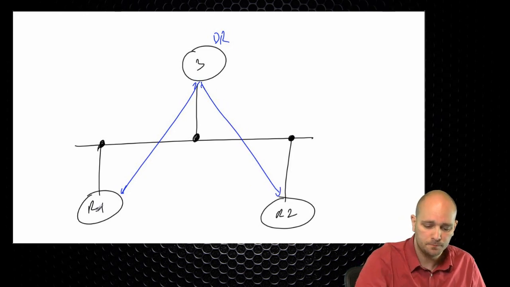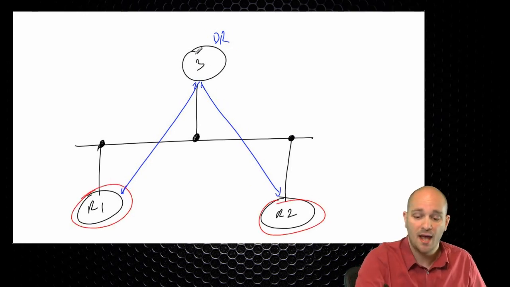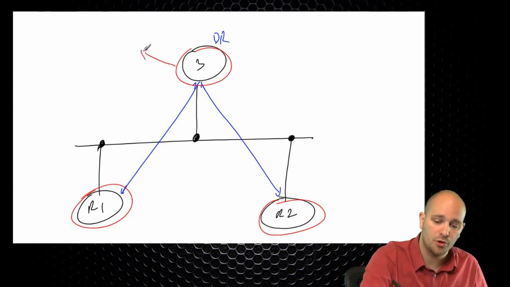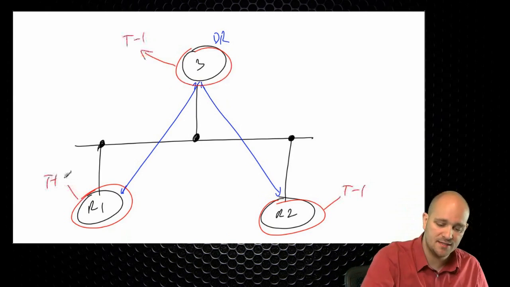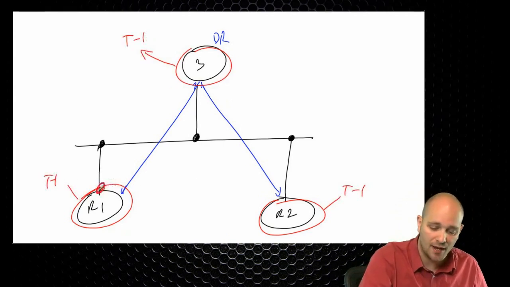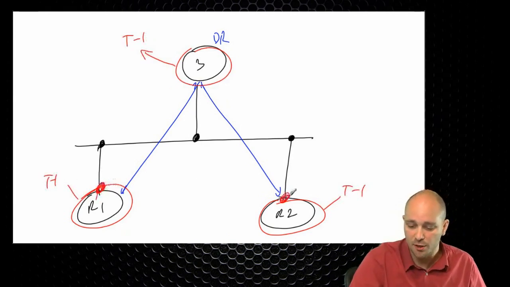Now R1, R2 and R3 are all going to generate their type 1 LSA. And in this type 1 LSA, they're going to describe their local interfaces here.